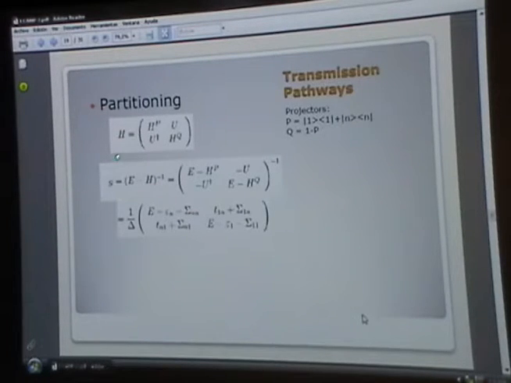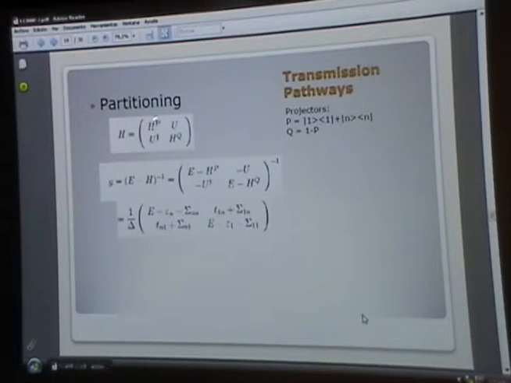This partitioning technique consists in using a projector. This Hamiltonian, which is a matrix of 4 by 4, because we have in this case 4 quantum dots, is blocked in 4 blocks of matrices of 2 by 2. So in this corner we have the parts of the Hamiltonian depending only on site 1 and site n.